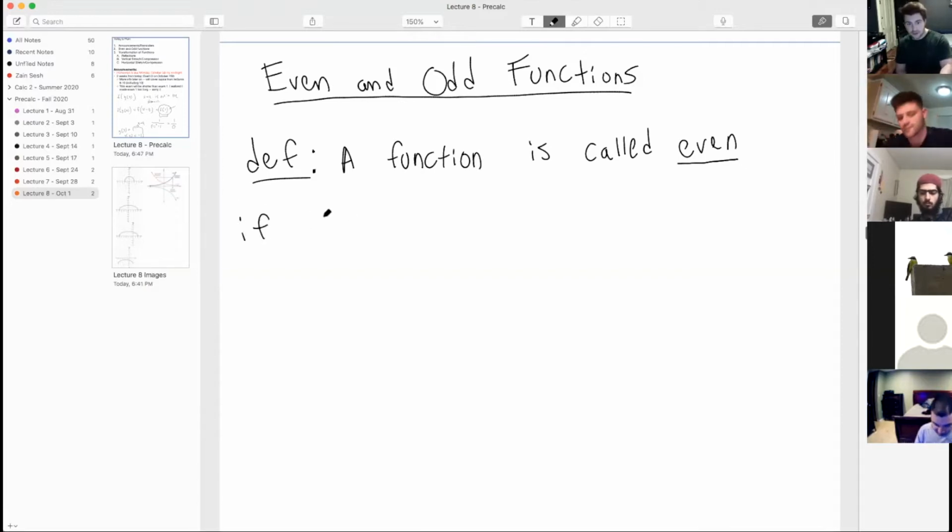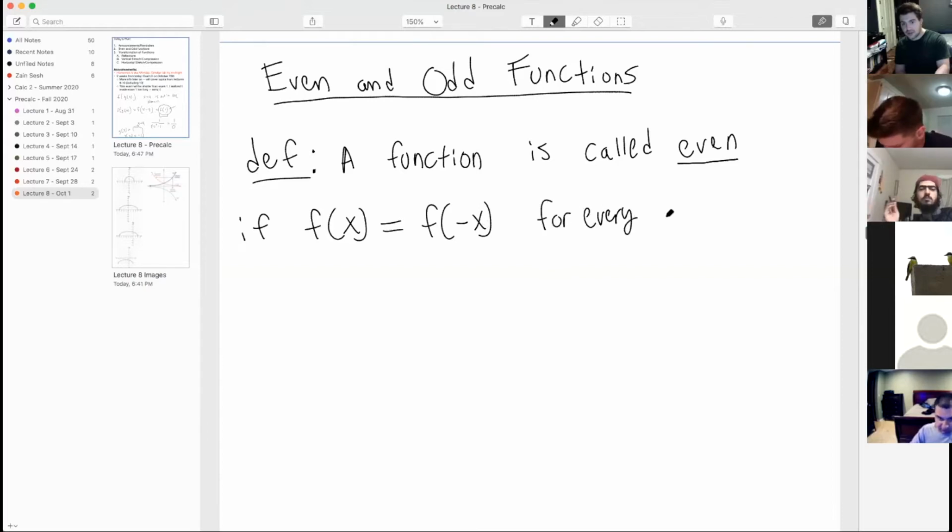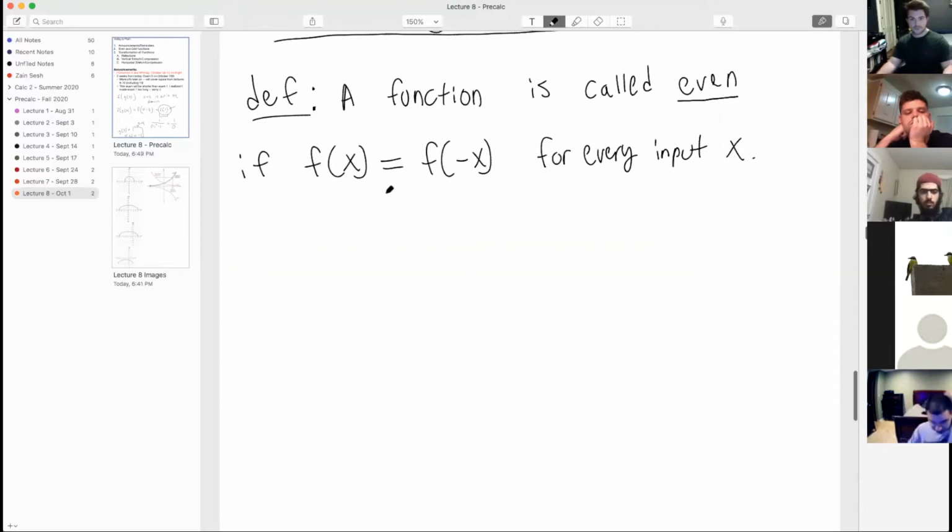If f of x equals f of negative x for every input x. Okay? So the outputs of x and negative x are the same. When you apply the function f to both x and its negation negative x, their outputs are the same. Okay? So that's even.